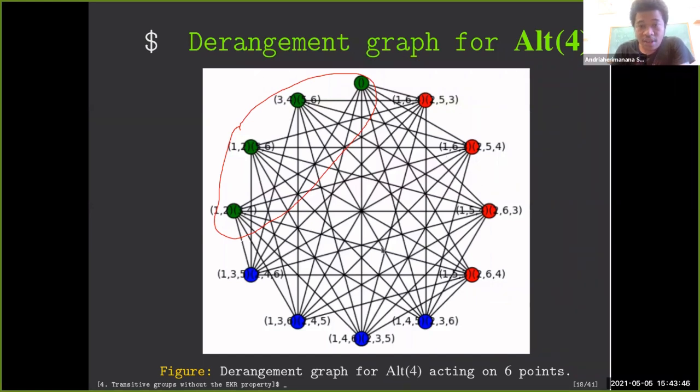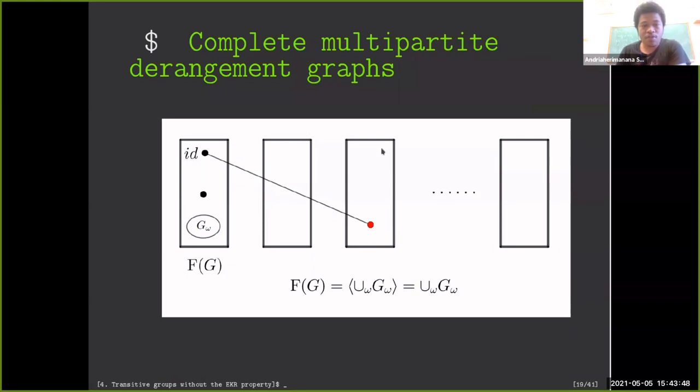And this is exactly what happens if we restrict our derangement graph to be a complete multipartite graph. So if we take a group element, a permutation that is a derangement in the group G, then it is adjacent to the identity.